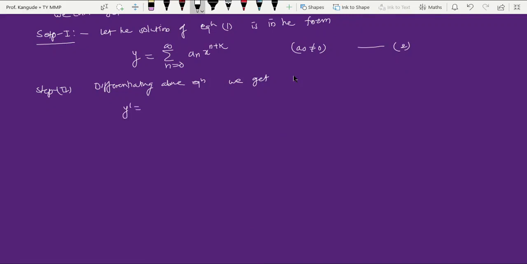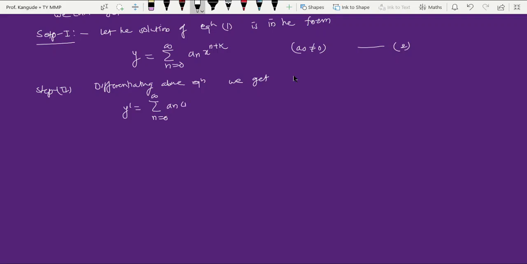It is again a simple series to be expanded, summation over n equal to 0 to infinity. Now the differential of x raised to n plus k: a_n is constant, that will remain as it is.